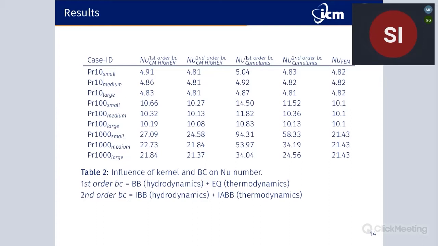In these columns, we see different kernels which have been tested. And finally, the last column represents the reference result. So these are the values which we should have obtained.